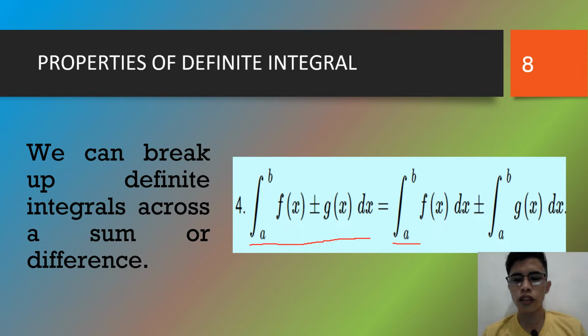Kukunin muna natin yung integration ng f of x, the first one, then i-minus natin, kung ano yung given na operation, then the second function which is g of x. So, same lang naman yan. So, that is according to property number 4.